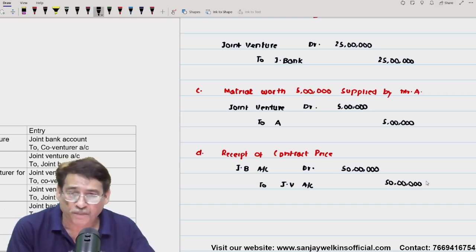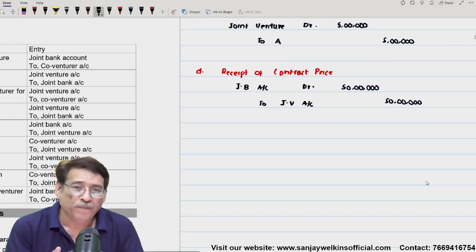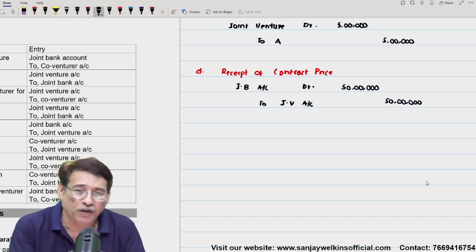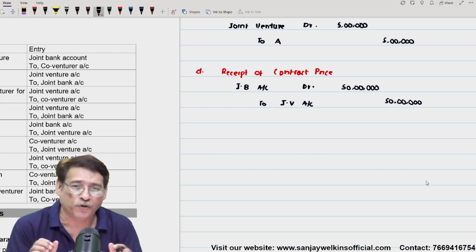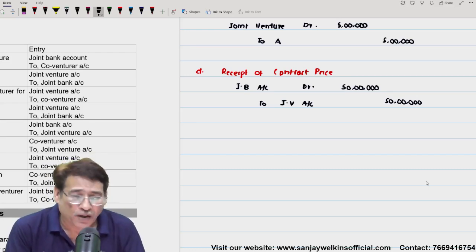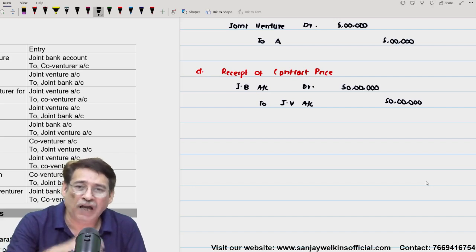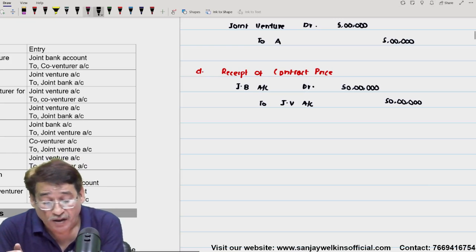Is it clear? Now, because the contract is completed, we know the co-ventureship will come to an end. The partnership between these two co-venturers will come to an end the moment we complete the project. Now, sometimes what happens, some remaining materials, some leftover materials, are taken over by a particular co-venturer.